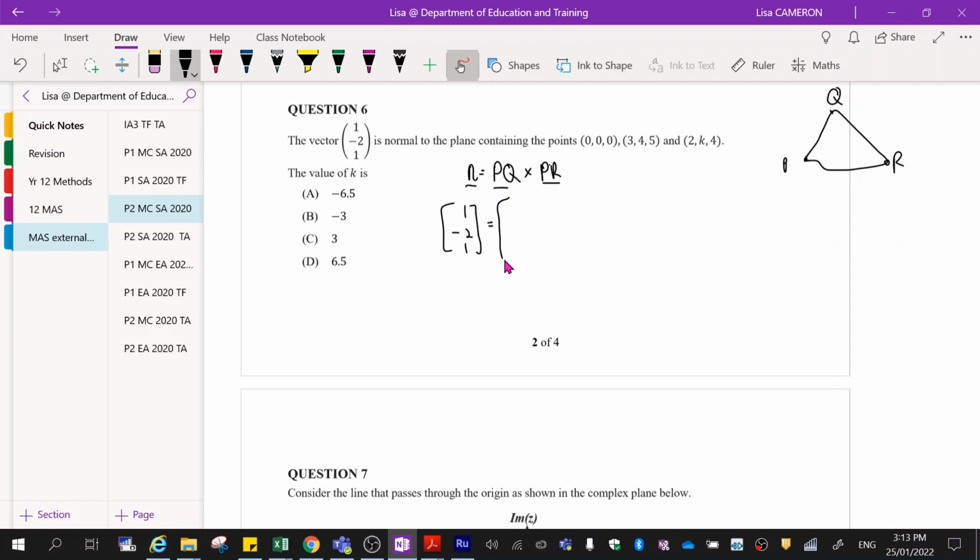P to Q. So when I'm determining what the vector is from P to Q, remember I've got a point here, P. I've got a point over here, Q. So to find the vector that goes from P to Q, I need to reverse the direction of P. So the calculation that I need to do is minus P plus Q. Now in this case, P is all zeros, so I'll just end up with 3, 4, and 5.